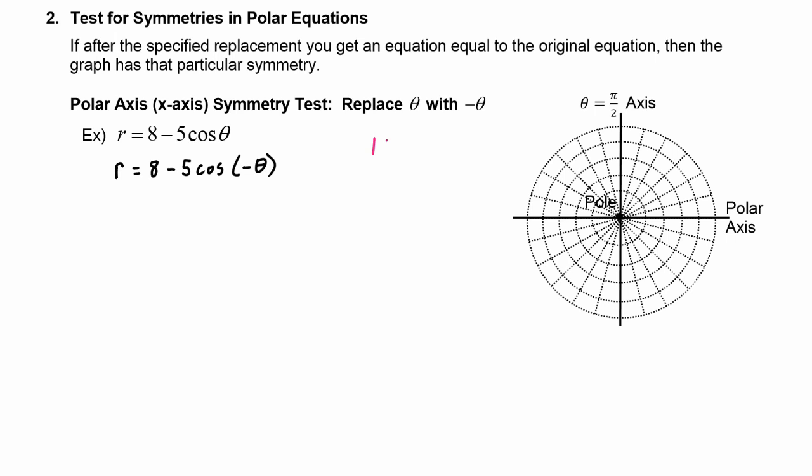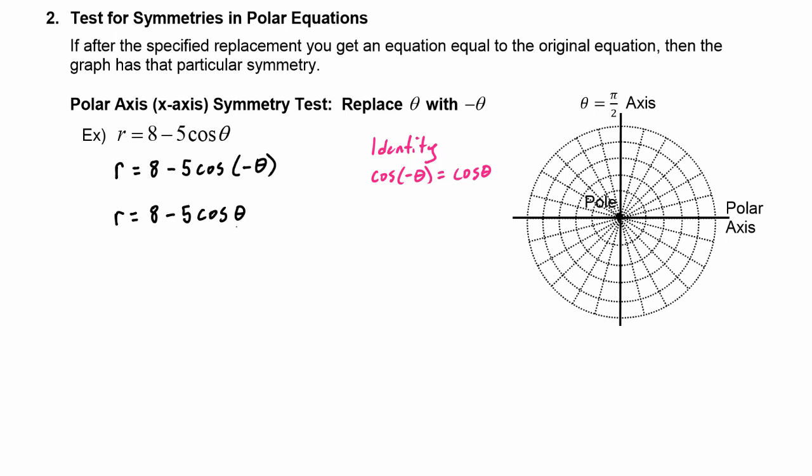Now we have an identity that says that the cosine of negative theta is equal to the cosine of theta. So we can substitute that into our equation, and it becomes r is equal to 8 minus 5 cosine theta.